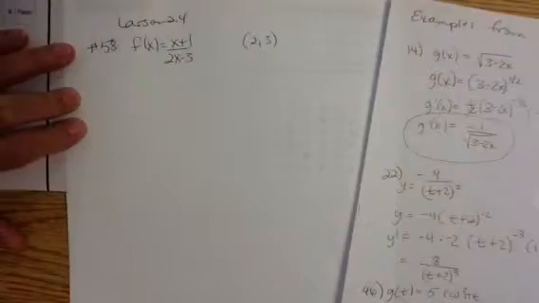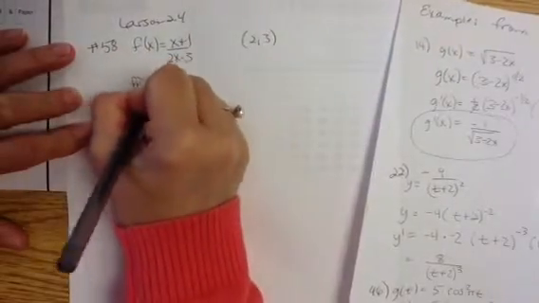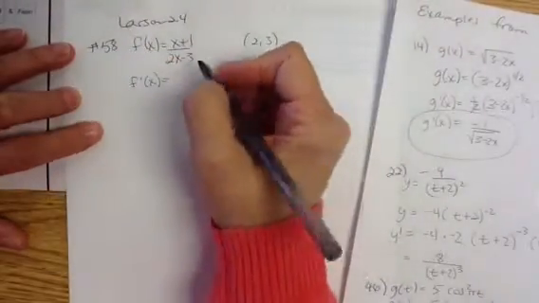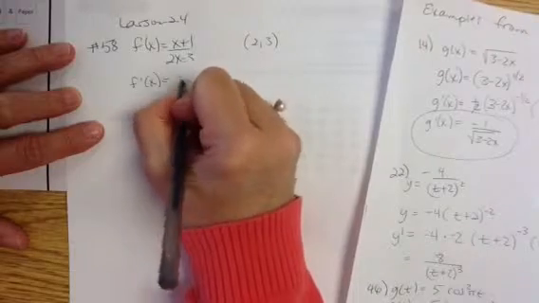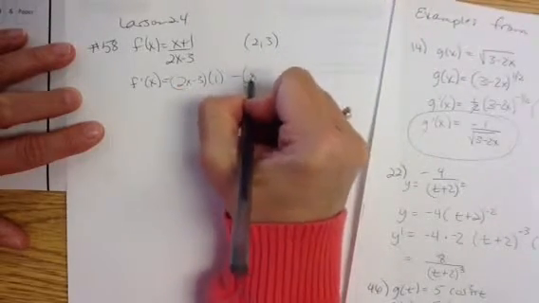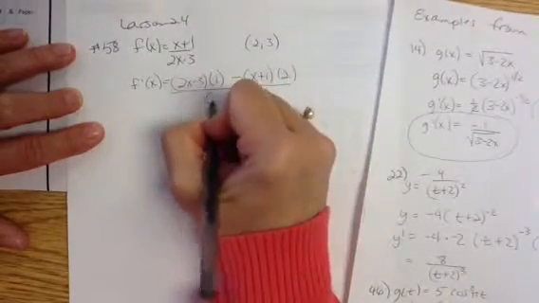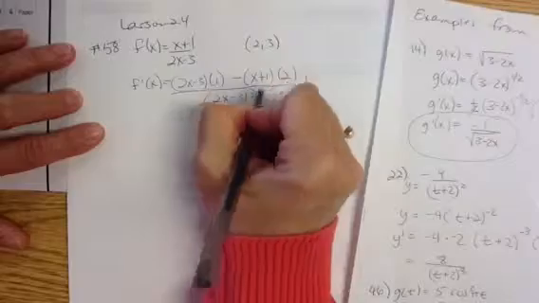All right, an example, in number 58, they want us to evaluate the derivative at this point. So I have to take the derivative, which is going to be the quotient rule. Low d high minus high d low over the square of what's below.